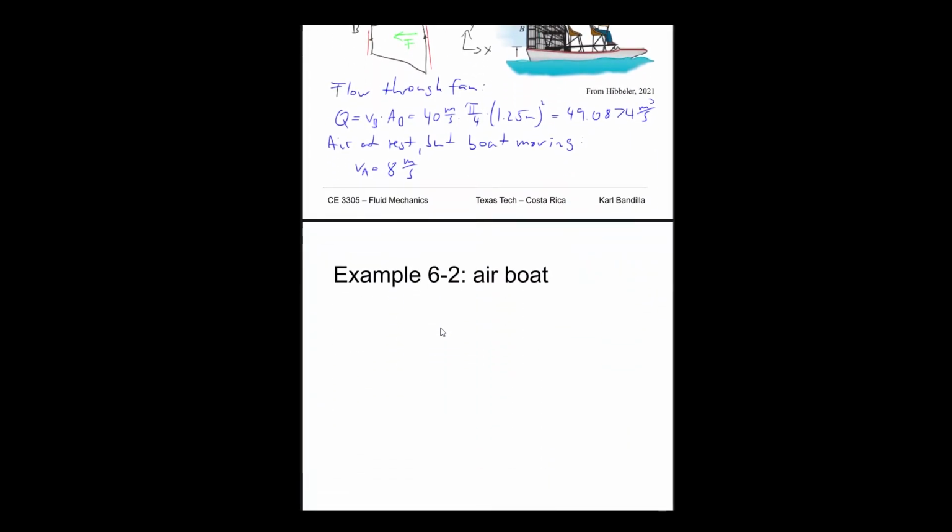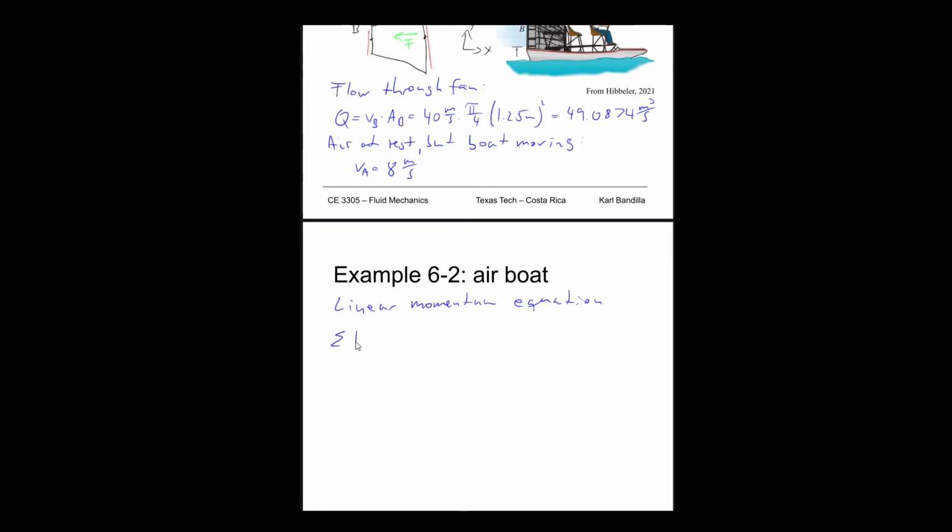So we can now go ahead and write our linear momentum equation. We'll write the full one, and then we'll see what we can simplify.